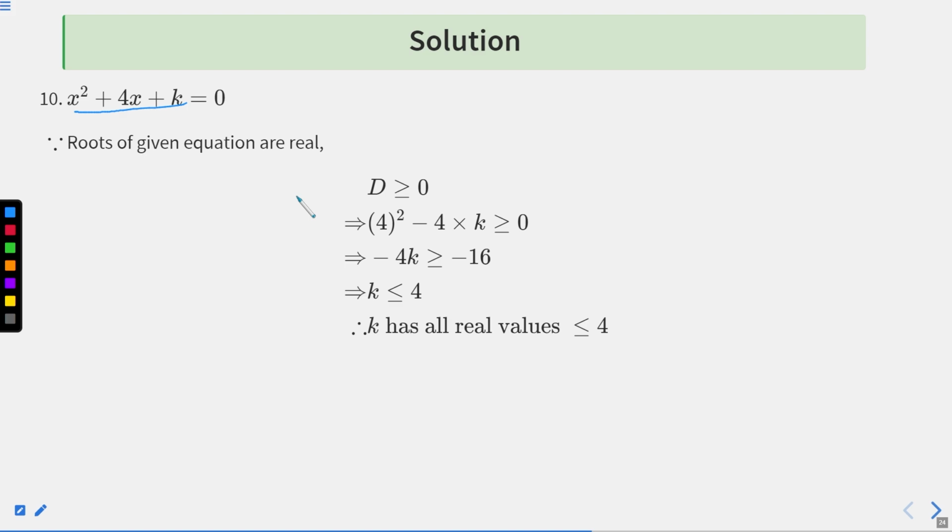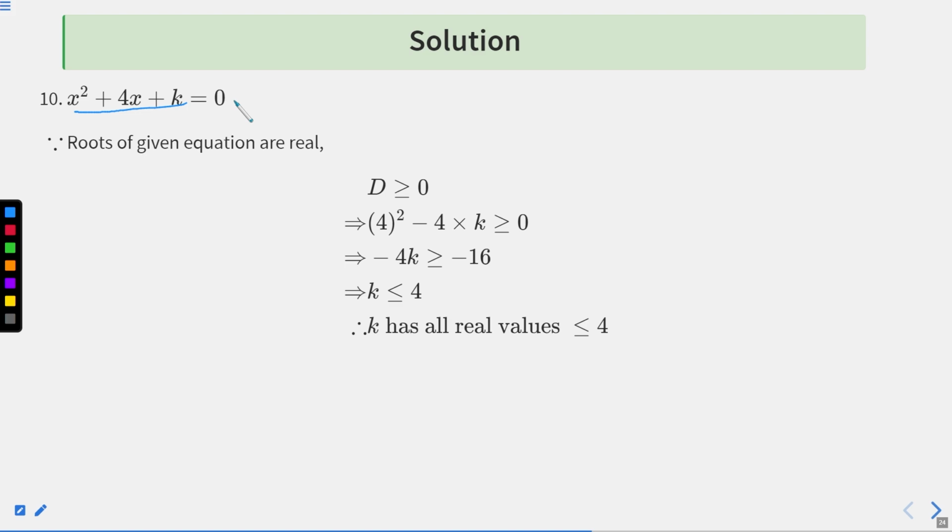So for the roots of the given equation to be real, the discriminant should be greater than or equal to 0. If we compare this quadratic equation with the standard equation ax square plus bx plus c is equal to 0, then you will get the values of a, b and c.